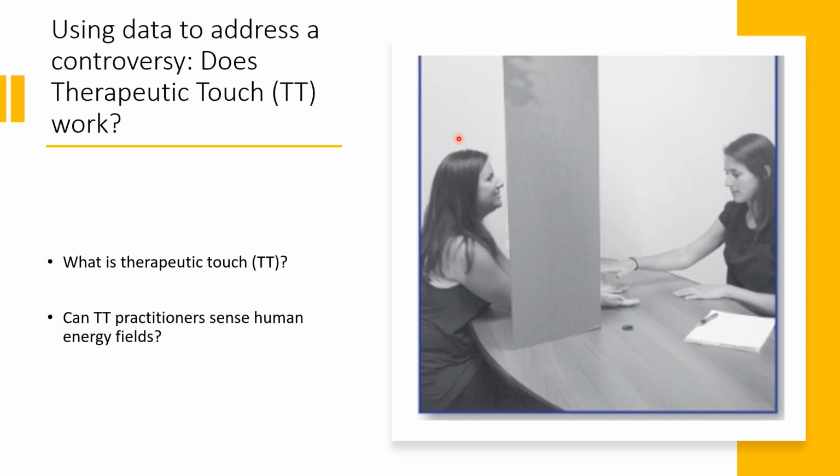They might get 8, 9, 10 right out of 10 tries. If, on the other hand, they cannot sense human energy fields, you might expect them to get maybe around 5 right on average, because they're doing 10 trials and there's a 50-50 chance, so they might guess right. You would expect them to guess right at least half the time.